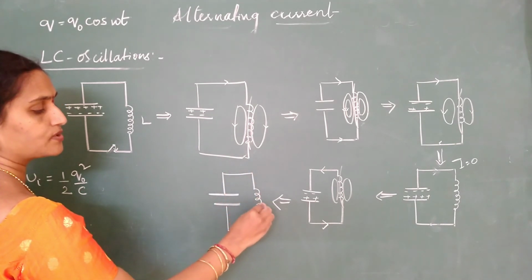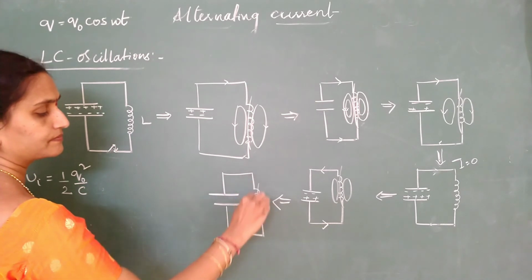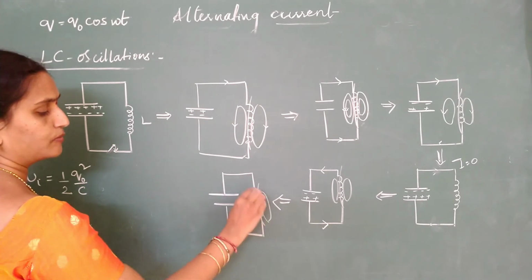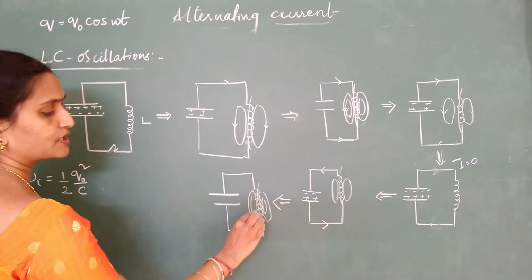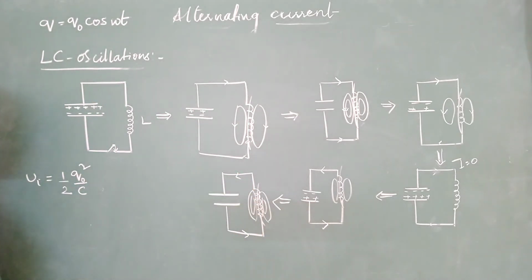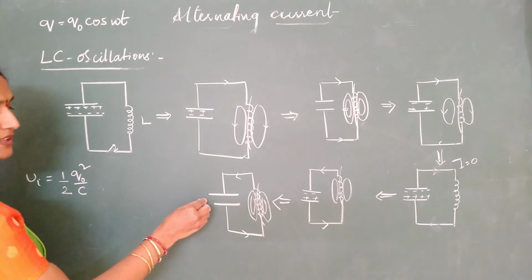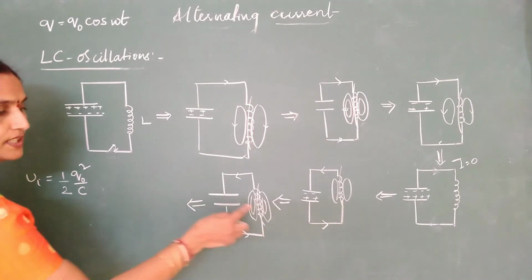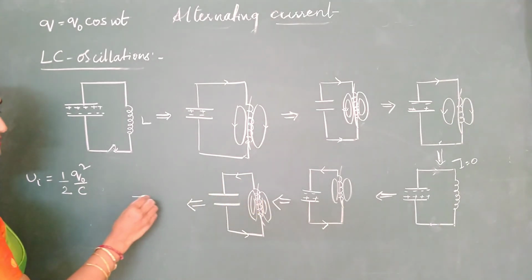Inductor has completely stored energy in the form of magnetic flux. Current will reach its peak value because inductor is fully charged. Now again the process will repeat. Inductor charges the capacitor.